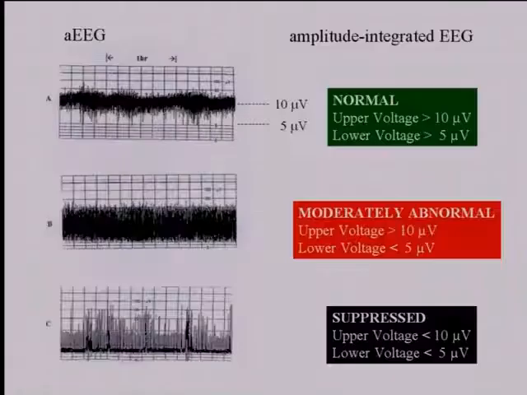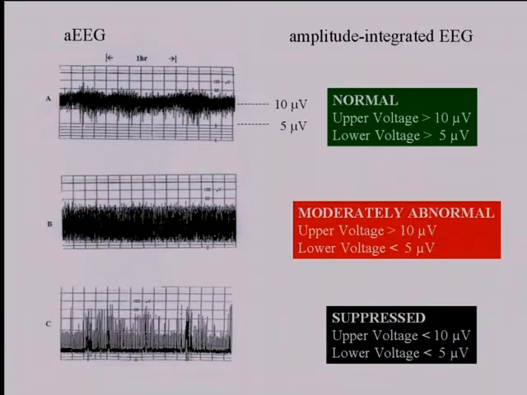Next slide. Here I show you the tracings of an amplitude integrated EEG, which is normal, which is moderately abnormal, and which is severely suppressed. First of all, you must learn that an EEG is assessed by looking at the voltage, at the lower voltage.